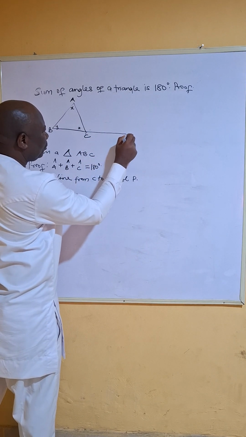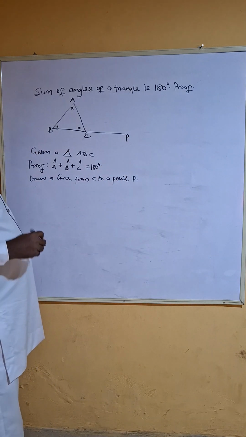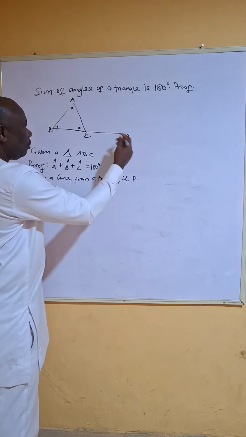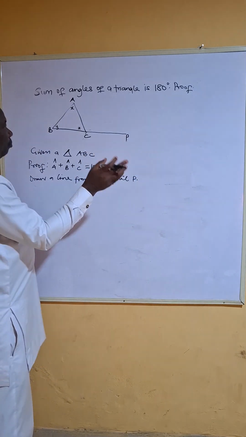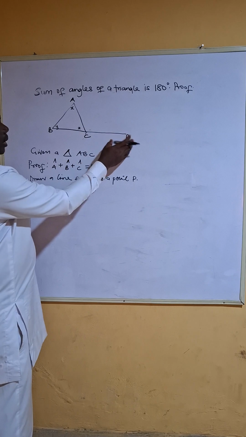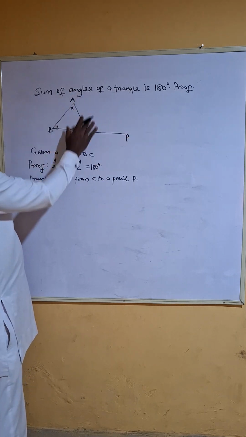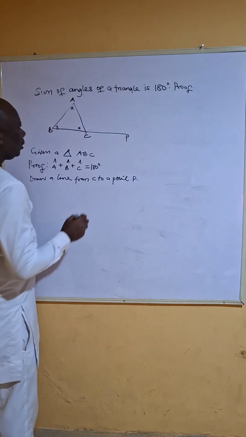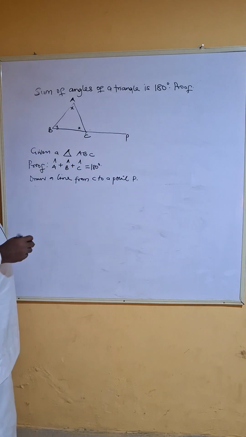We call this one P. If you want to do your own, you can call it X, anybody can call it, but make sure that it does not take any letter from what we have here. So we have done that.